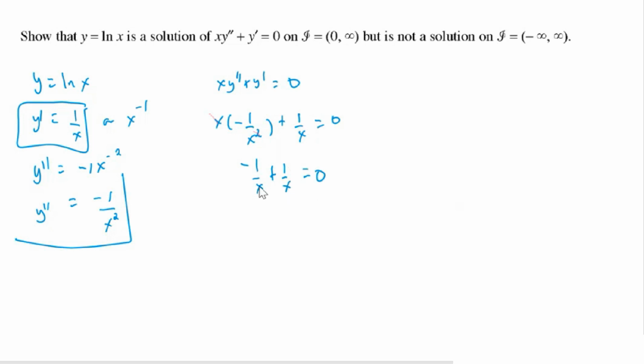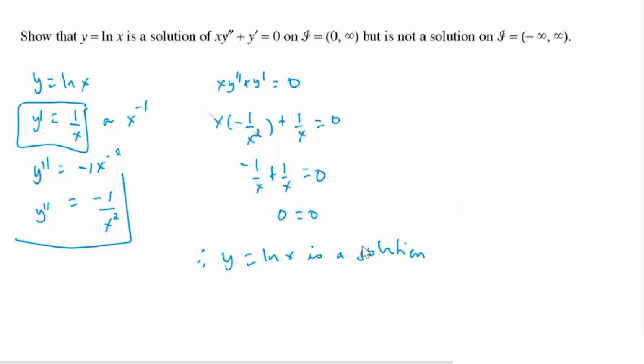We know that the first term and the last term are additive inverses, so the left-hand side gives us 0. The left-hand side and the right-hand side are equal. Therefore, we could say that the given function y equals ln of x is a solution.